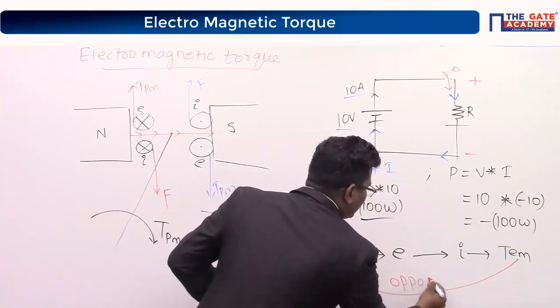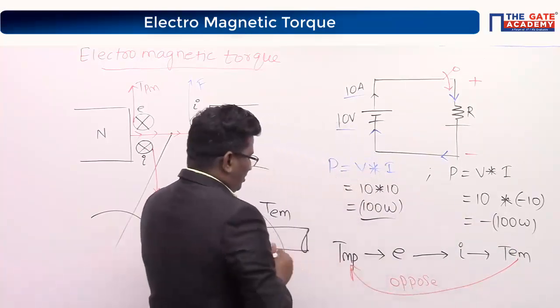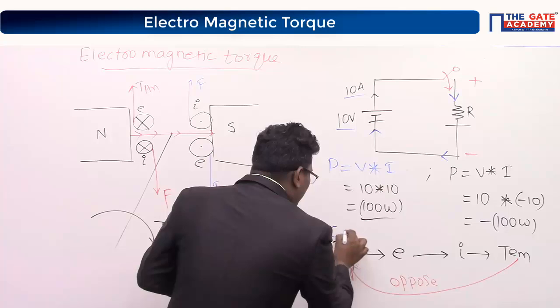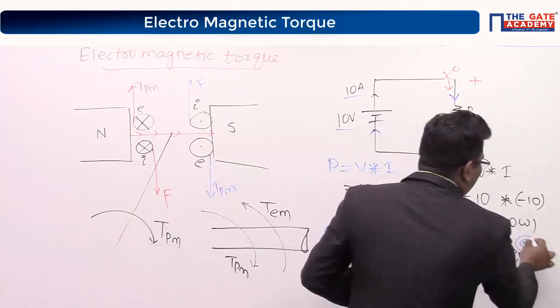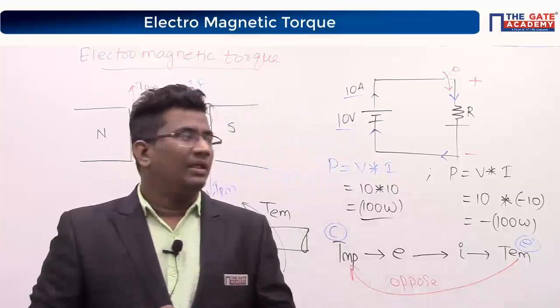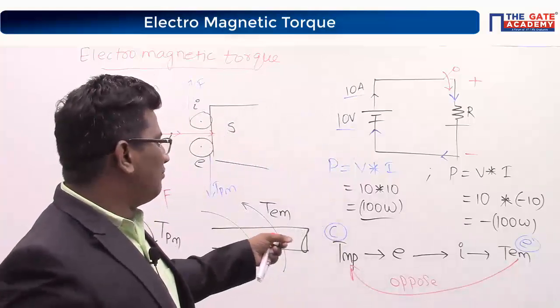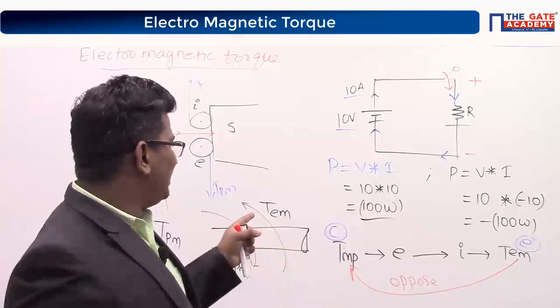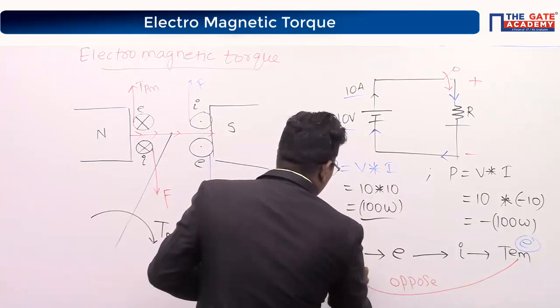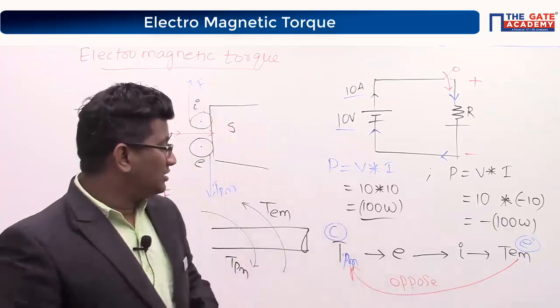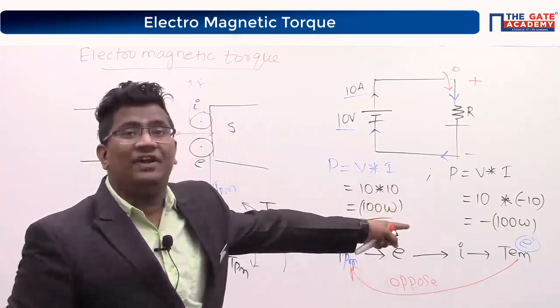Opposing. This TPM is called the cause. The electromagnetic torque is called the effect. Can I say that? TPM is the cause. Electromagnetic torque is the effect.